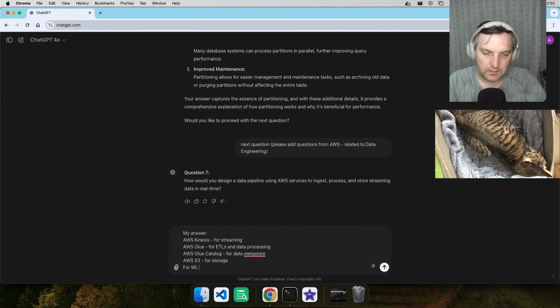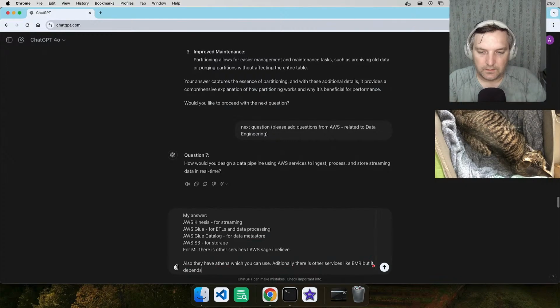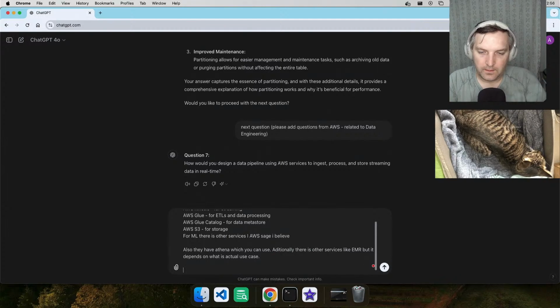For ML, there are other services, AWS SageMaker, I believe. Also, they have Athena, which you can use. Additionally, there are other services like EMR, but it depends on the actual use case. How is my answer? What do you think?